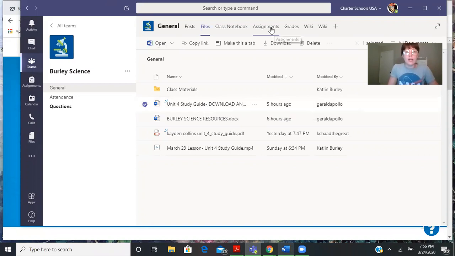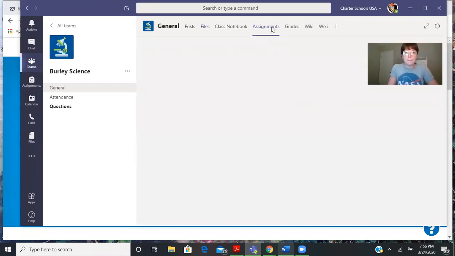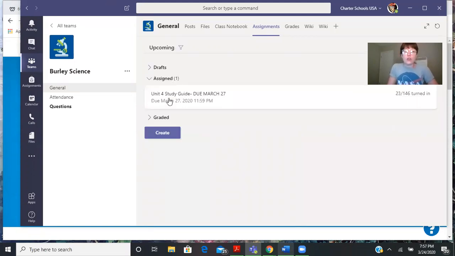So let's go into the Assignments tab. This is where you will be uploading it. And on your end, it's going to look a little bit different. If it decides that it wants to load, you'll just click this, and then you'll find the file on your computer and then upload it.